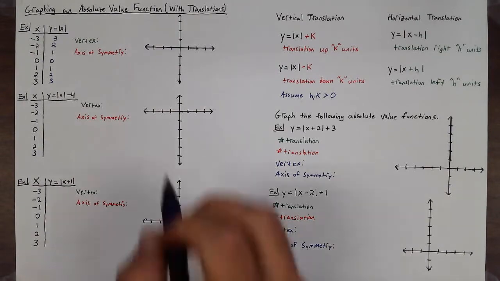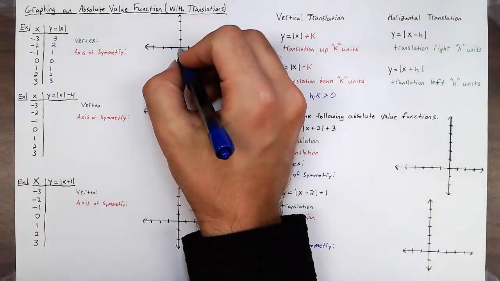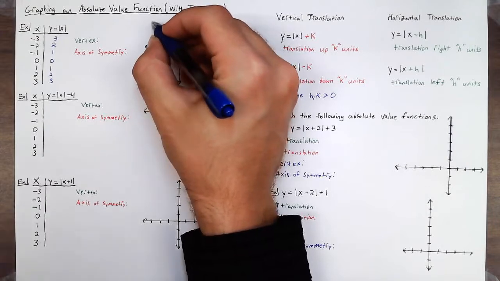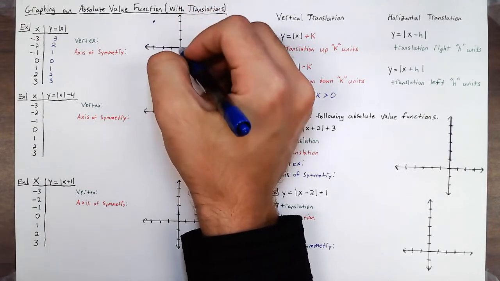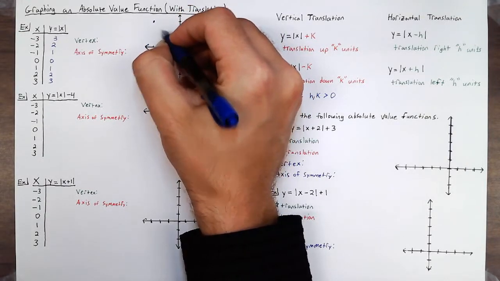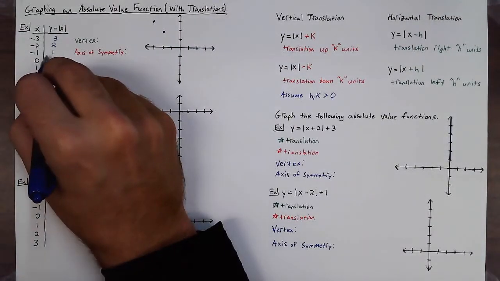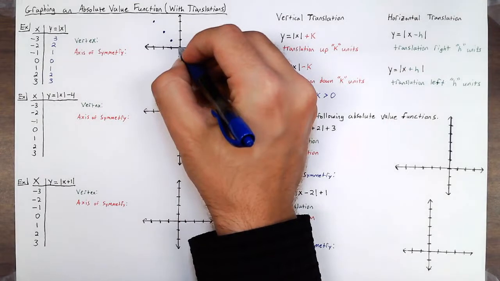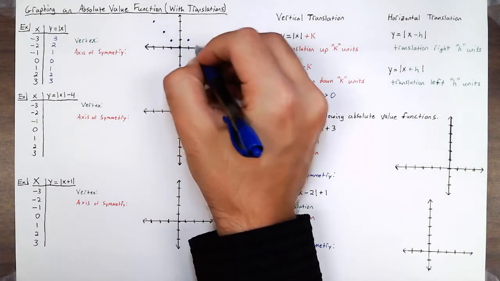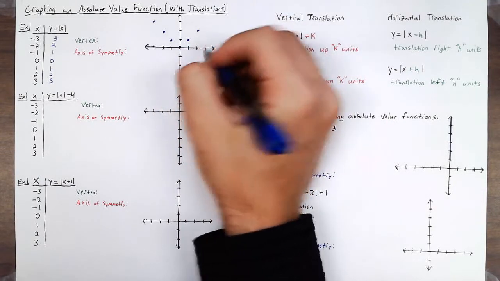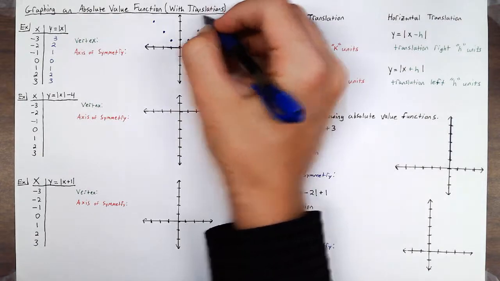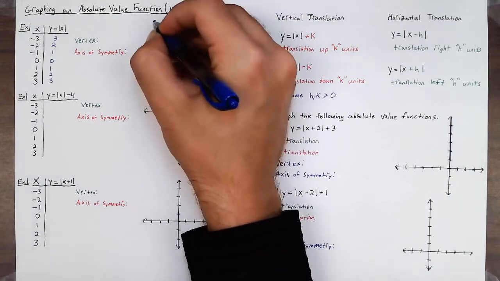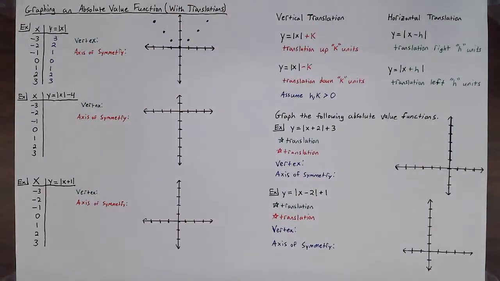Now when I go to graph these points on the grid, I'll have negative 3, 3, negative 2, 2. That's me just following these points in the table. Negative 1, 1, 0, 0, 1, 1, 2, 2, and 3, 3. And you're kind of seeing the shape of a V, which is the general shape of an absolute value function.